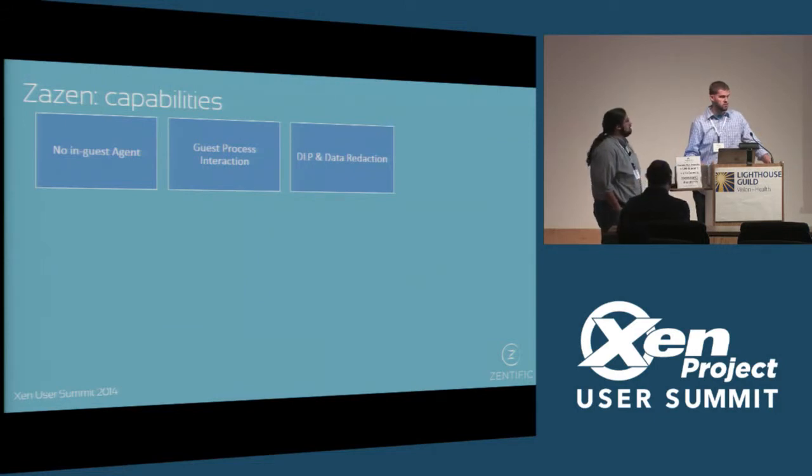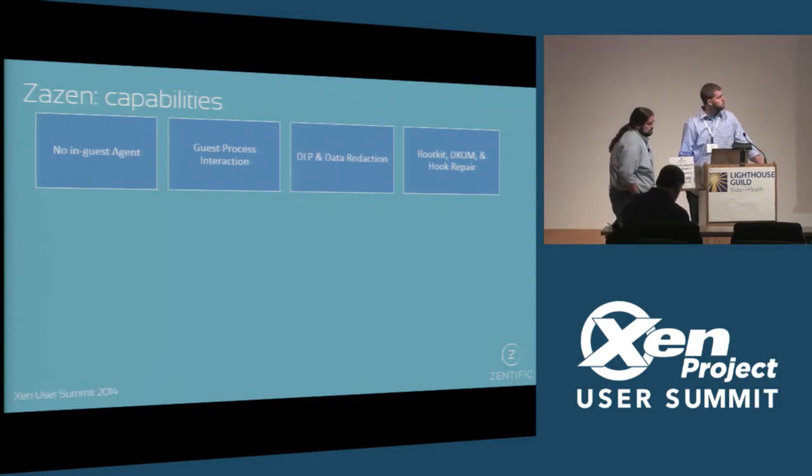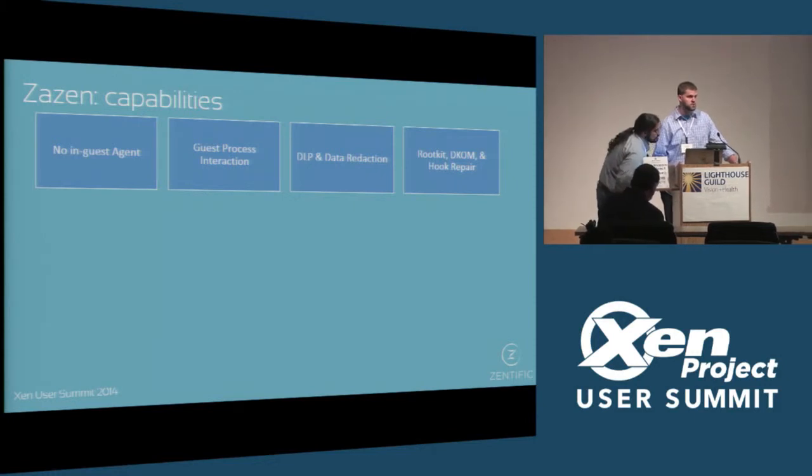Or if there's some string that you just don't want in there, we can alert people, we can freeze the VM. And kind of the obvious security application here of detecting rootkits, modifications to kernel data structures, important things you care about, like the operations that a file is allowed to have, repairing hooks.